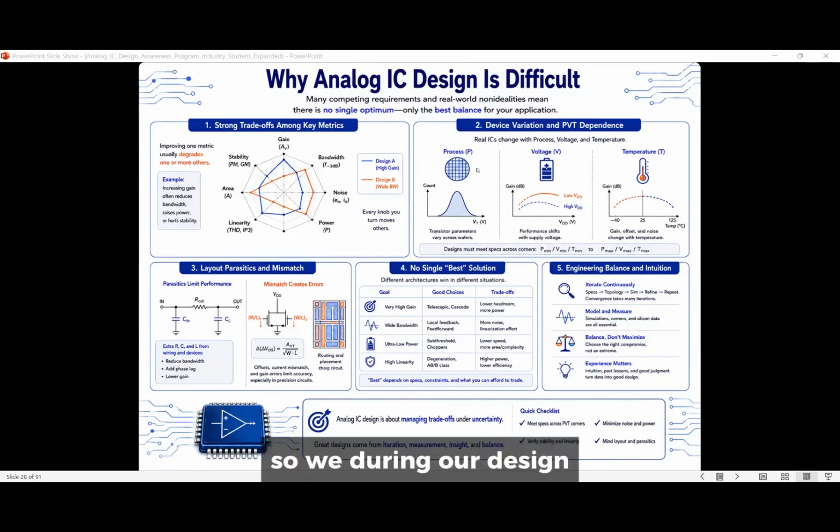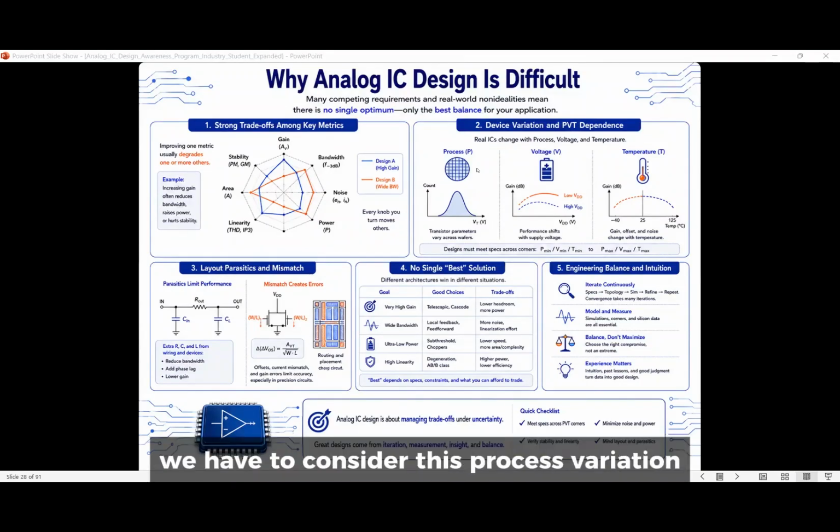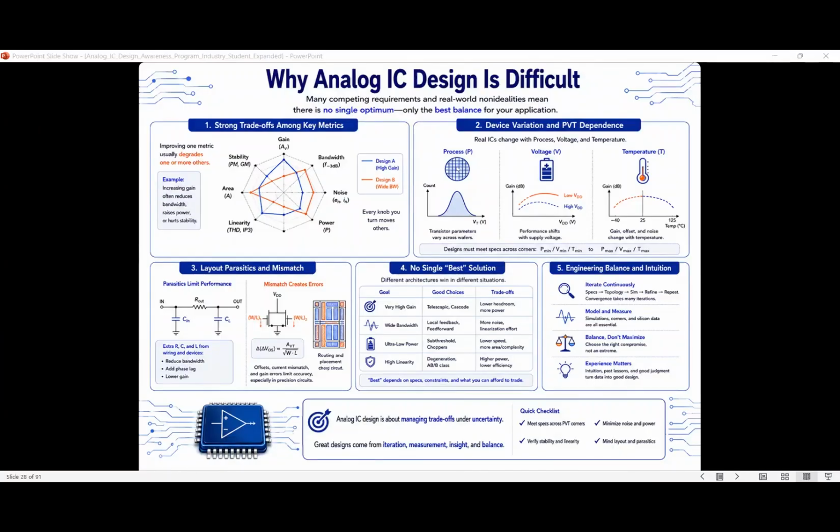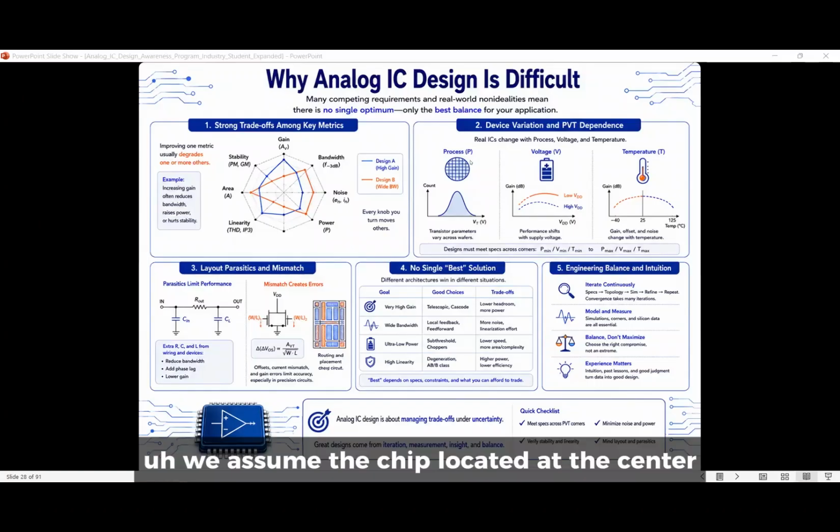So during our design, we have to consider this process variation before we simulate and before we fabricate this chip. This is to make sure that in the extreme case, for example, we prefer designing chips assuming the chip is located at the center, which has a very well-defined characteristic.